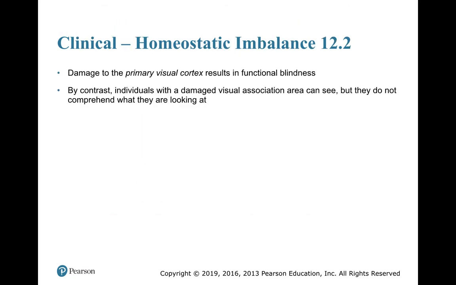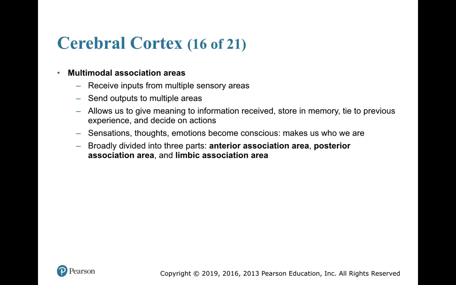Damage to the primary visual cortex can result in functional blindness, contrasting individuals with a damaged visual association area, who can see, but they can't comprehend what they are looking at.